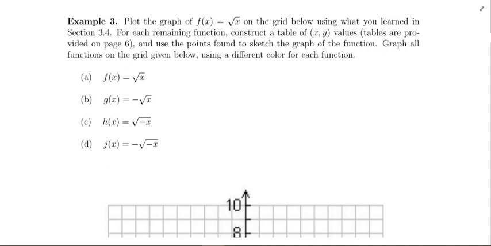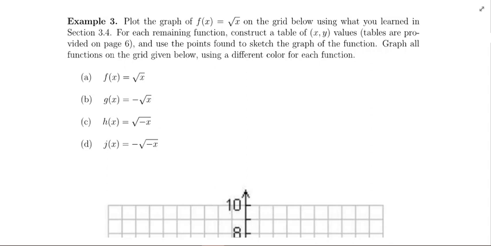In example 1, we discovered the rules for horizontal shifts and for vertical shifts. Now in doing this exercise in example 3, we are going to develop another set of transformation rules.